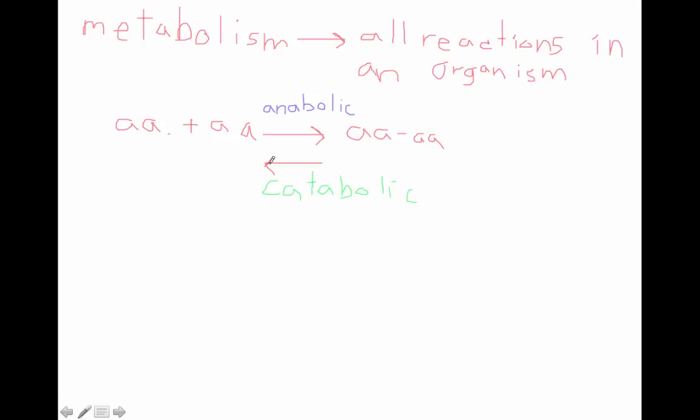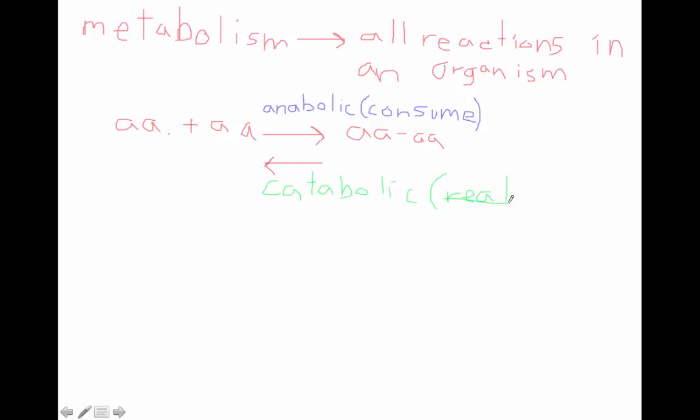Another thing we need to think about when we think about anabolic reactions is that they will usually consume energy. So let's write consume energy. It takes energy to make a larger molecule. Whereas catabolic reactions, the breaking down of large molecules into small ones, release energy.